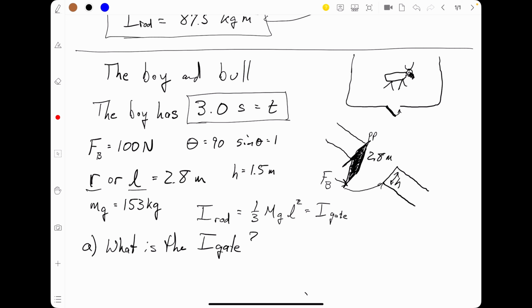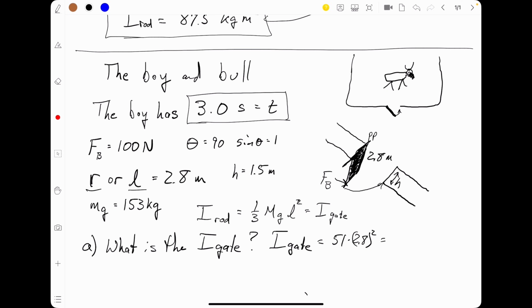So let's do it. I of the gate is equal to 1/3 of M, 51 kilograms, times L squared. So I've got to square: 51 times 2.8 squared.